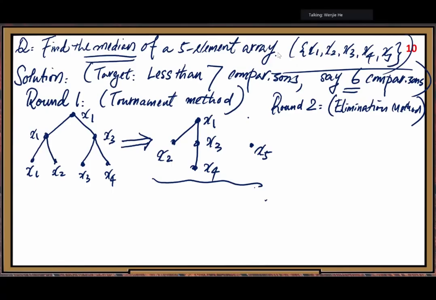From the diagram, can you see there is some element that does not have any chance to be the median? So we need to find some element. There is no chance this element can be the median.